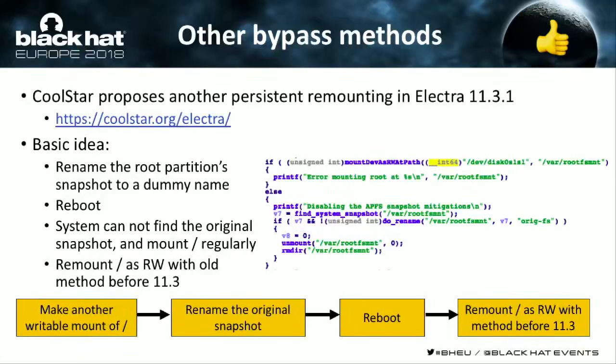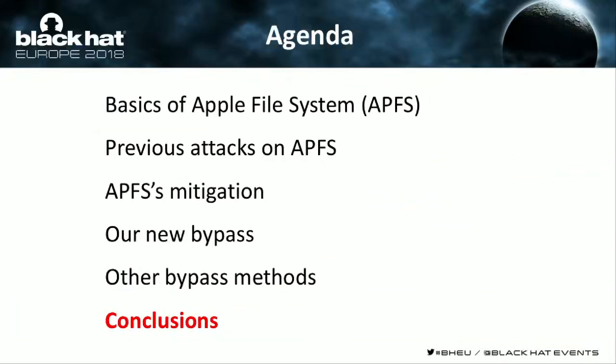Then it will mount the root partition in the old, regular way. So after that, Kustar can use the method from before 11.3 to remount the root partition. So these methods are very brilliant and very powerful.